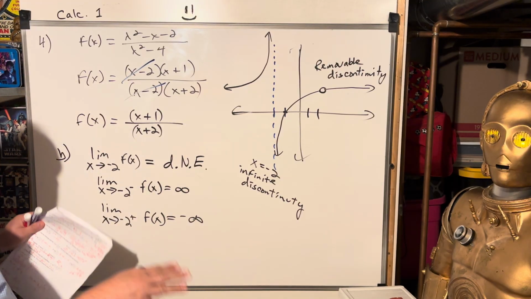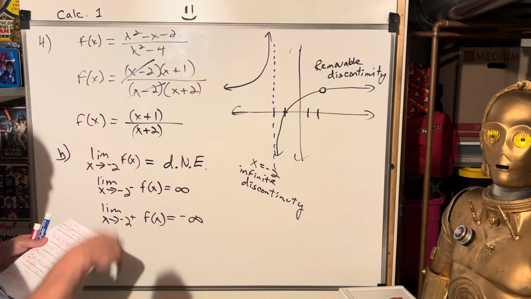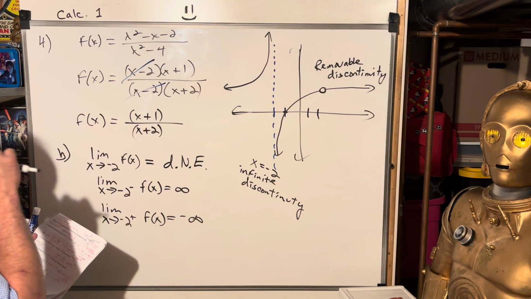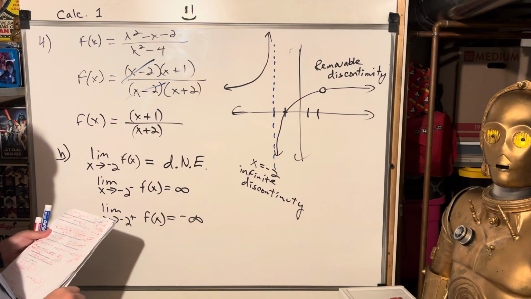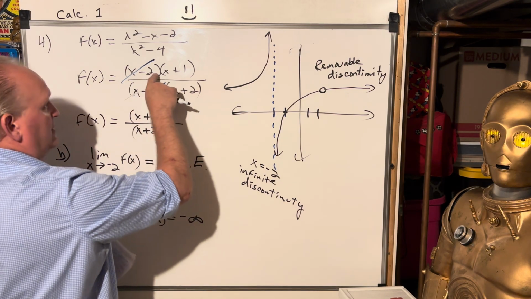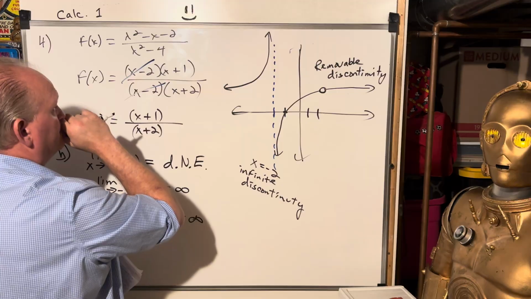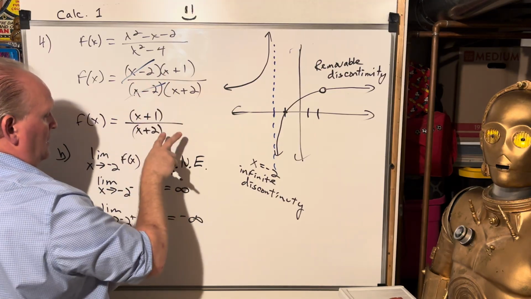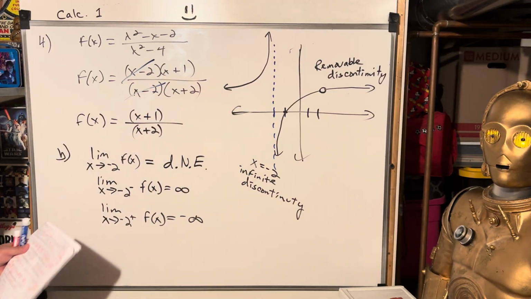And you could take a look at what's happening with the numerator and the denominator to see what's going on with it. We'd have to go all the way back up here, though. We'd want that in there. But you have a graph, so use the graph for that one.